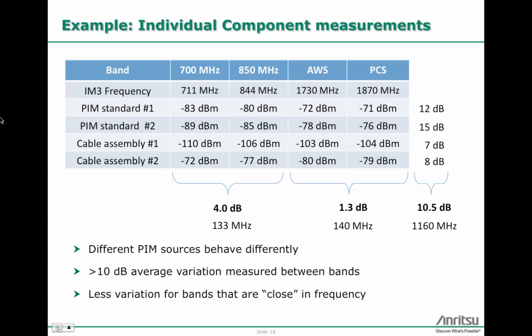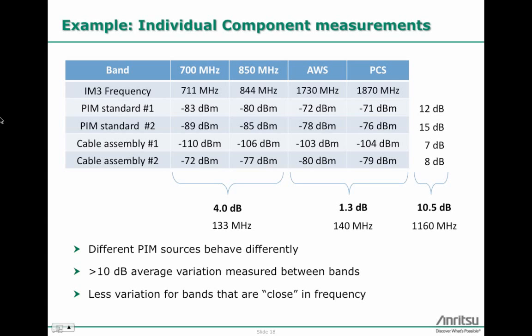Now, something that's also interesting to note here is it's not always a foregone conclusion that the low frequencies are worse than the high frequencies, because if you look, for instance, at cable assembly number 2, minus 72 dBm at 700 megahertz is the worst case position, whereas the cable assembly above it at AWS frequencies was the worst case frequency.